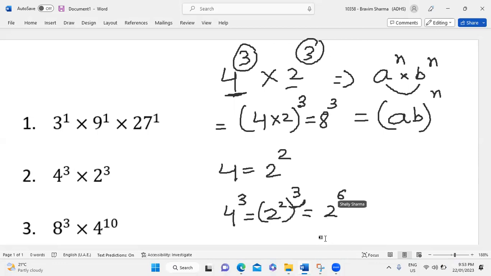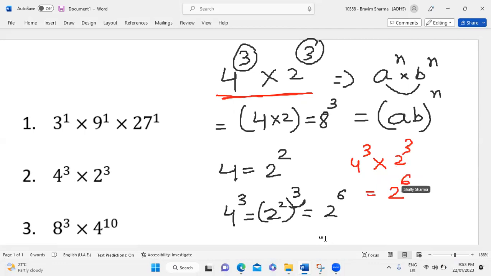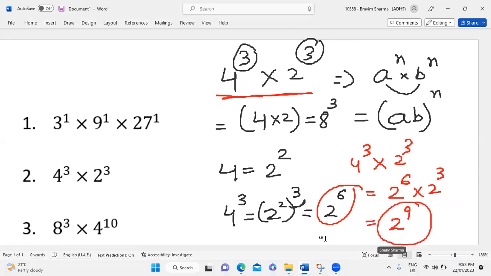Therefore, I'm going to write this expression 4 cubed times 2 cubed as 2 to the power of 6, which I got from here, times 2 to the power of 3, which means it is 2 raised to the power of 9. Now, if the question asks you to write this whole thing as a power of 8, or as 2 raised to the power b, this is a way to solve the question.